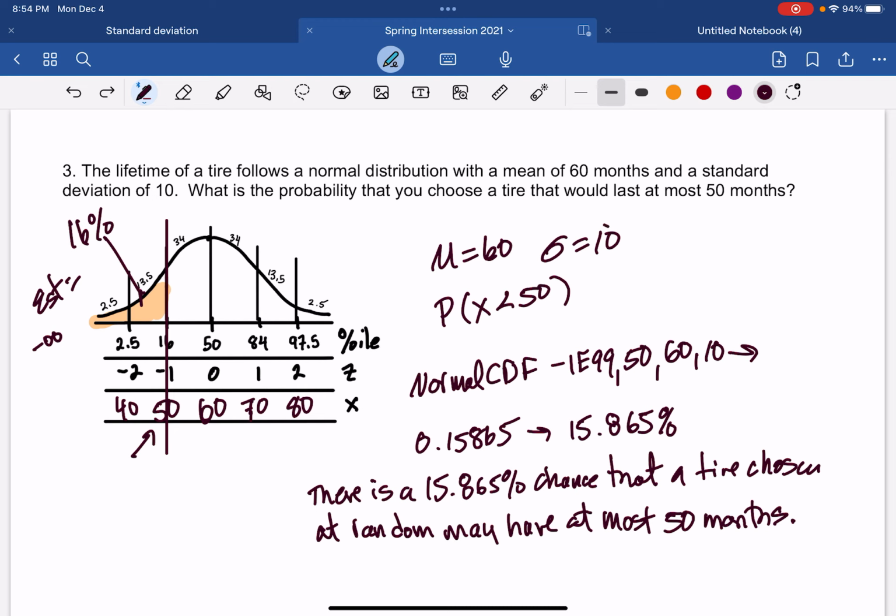Because it's pretty straightforward to look at the mean and the standard deviation. There are other problems that will have another mean, a sample mean, but that's something different. That's a different type of problem. That's a sampling distribution type problem. And you would have another row there to take care of that.